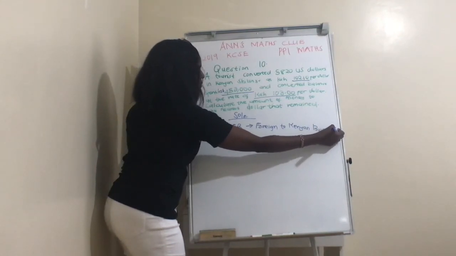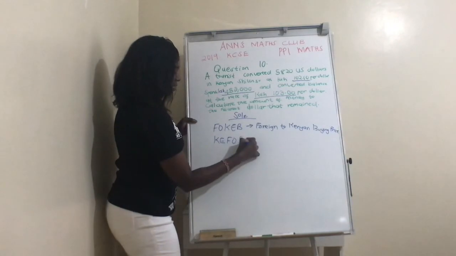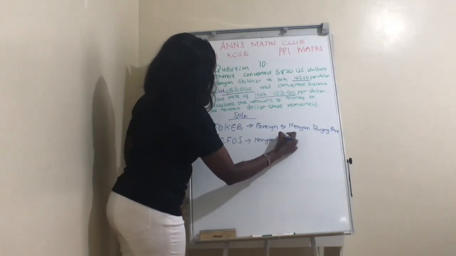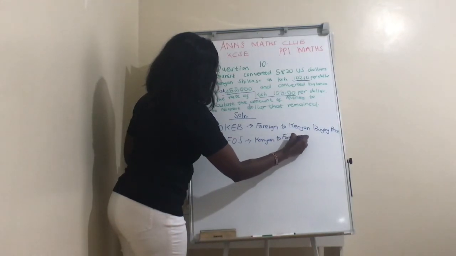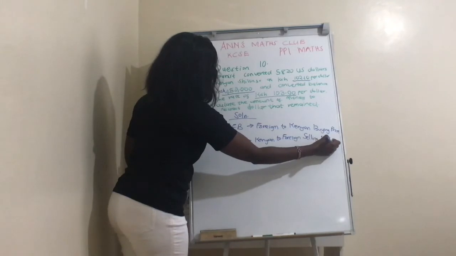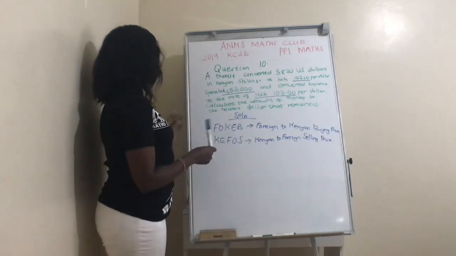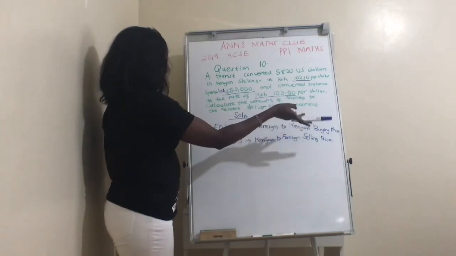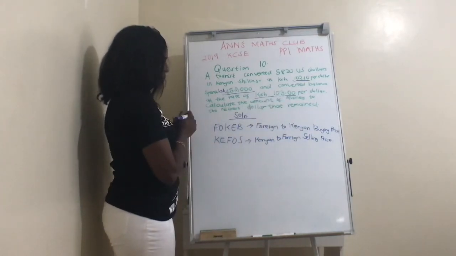And for K4, this is Kenyan into foreign, the selling price. So when you want to convert from foreign to Kenyan, it is the buying price, and this one is for Kenyan to foreign.